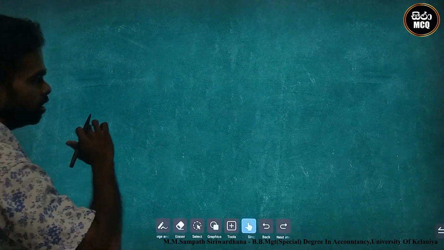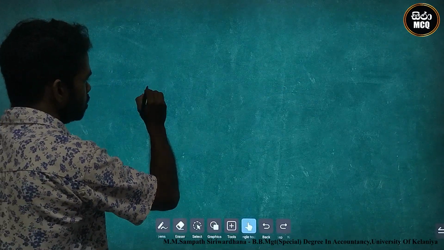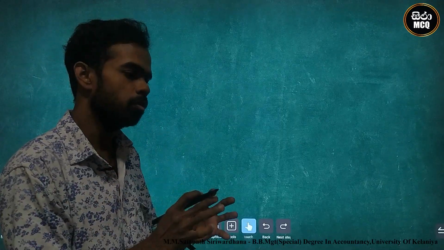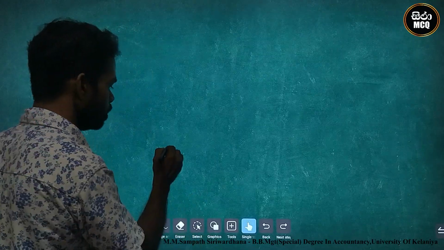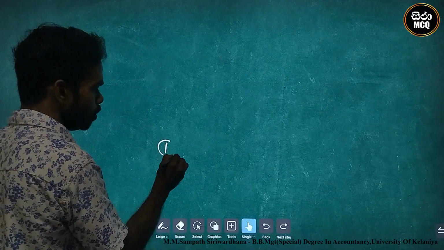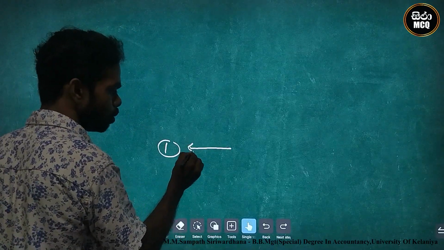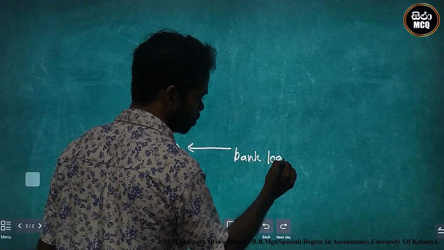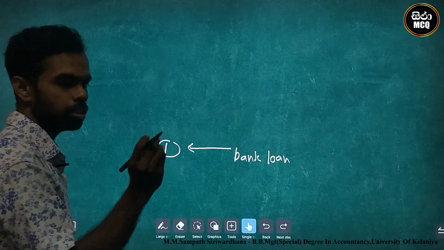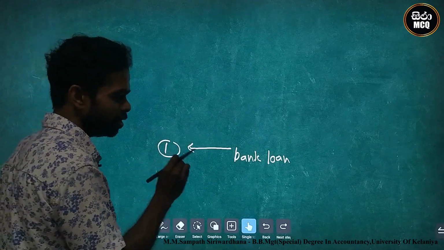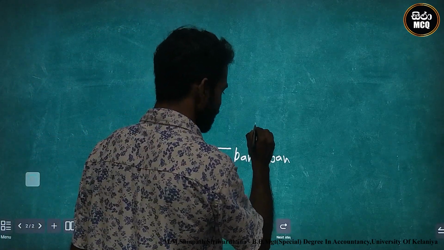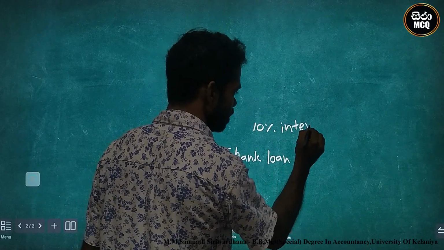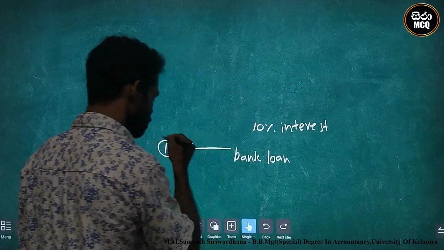There is an investor, he wants 1 rupee for investment. Therefore, this 1 rupee was borrowed as a bank loan. After that, the bank collects 10% interest on this loan.